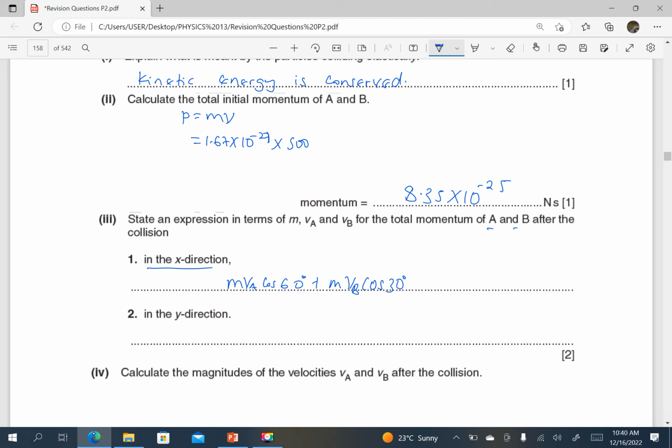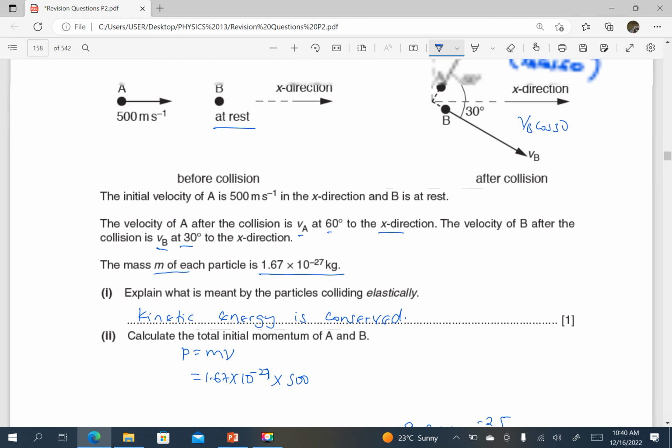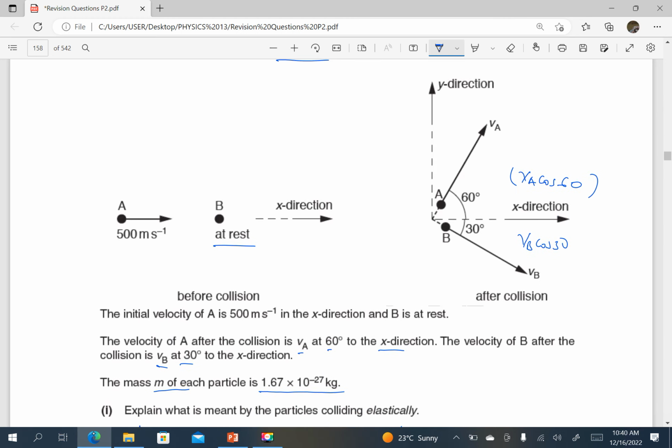Then in the y direction, note that B moves downwards and A moves upwards. So they are in opposite directions, so we shall subtract. I have to resolve V in the vertical: VA sine 60 upwards, and VB sine 30 downwards.